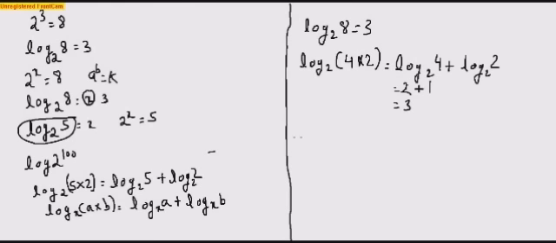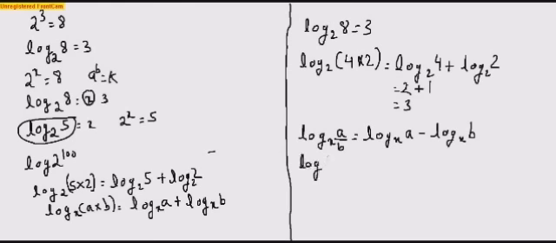Similarly, there is another law for log, that is log base x of a upon b. The last one was for multiplication, this one is for division, and will give you log base x of a minus log base x of b. Once again, we will try to solve this log base 2 of 8 to check the correctness of the above formula.